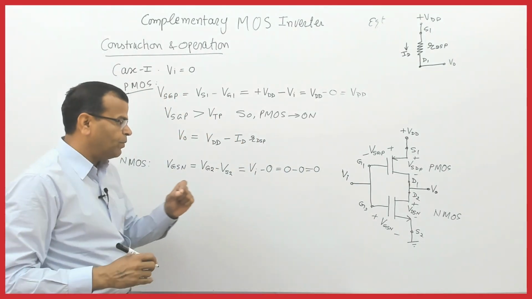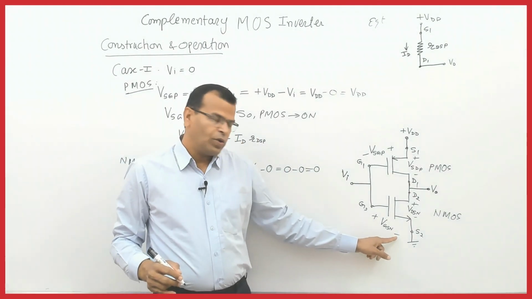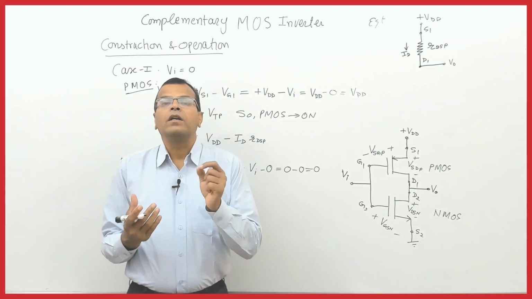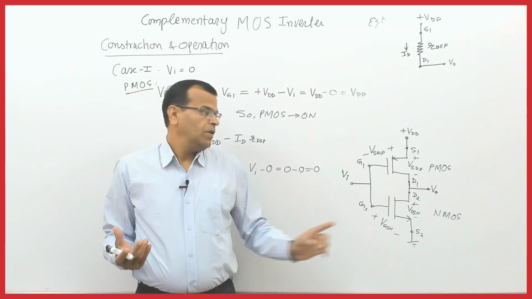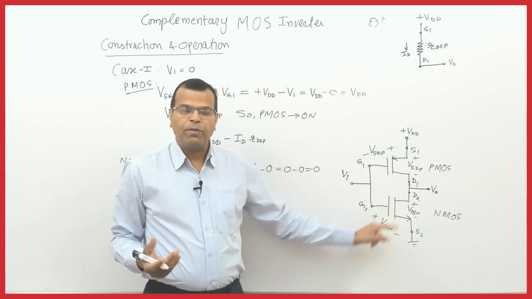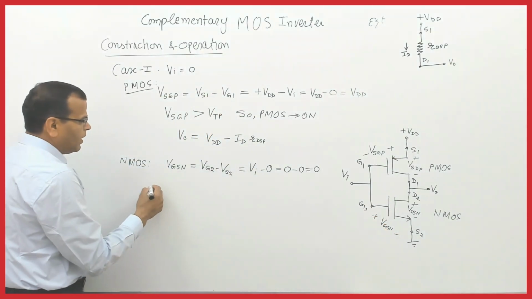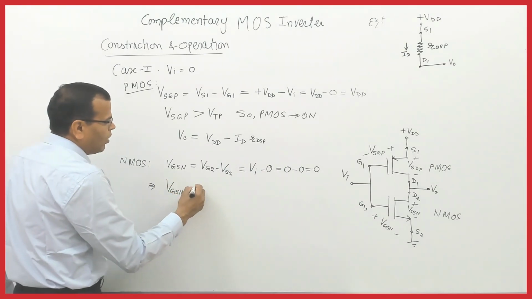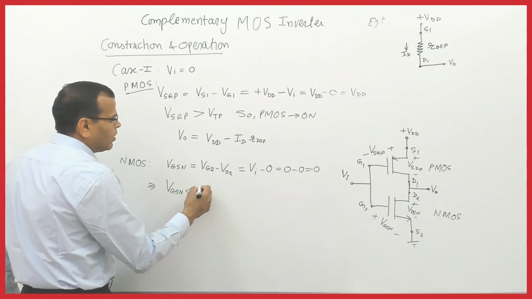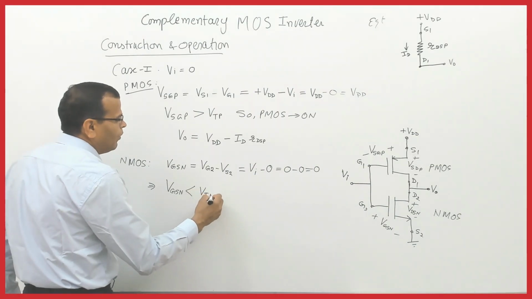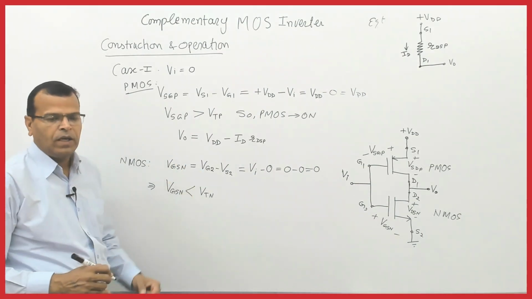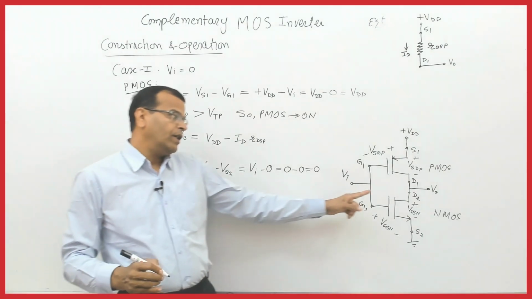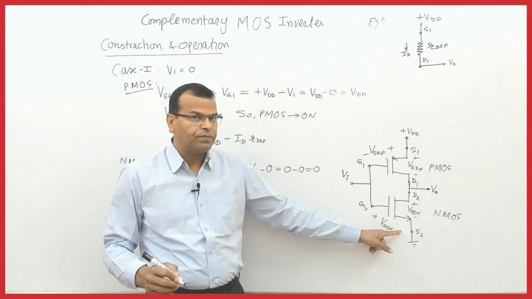So an important point: the gate to source voltage of NMOS is 0, and that is definitely less than the threshold voltage of NMOS. So this means your gate to source voltage of NMOS is less than the threshold voltage of NMOS. And when this voltage is less than the threshold voltage, this must be off.